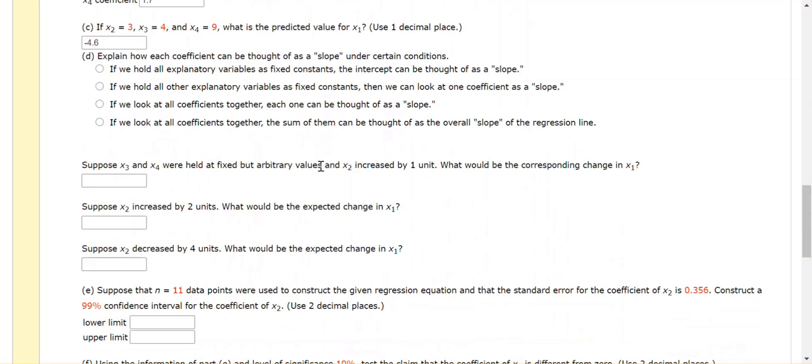Those things are not changing anything because you're holding them fixed. Suppose x3 and x4 were held at fixed but arbitrary values and x2 increased by 1 unit.